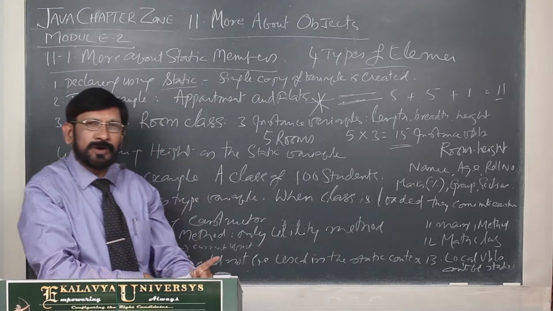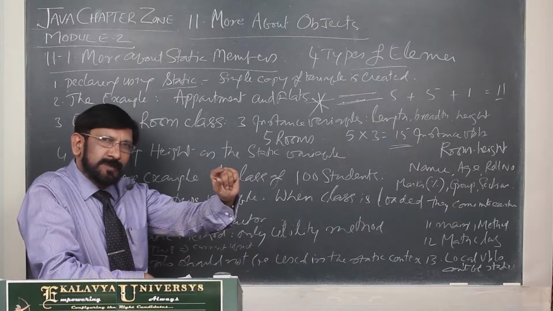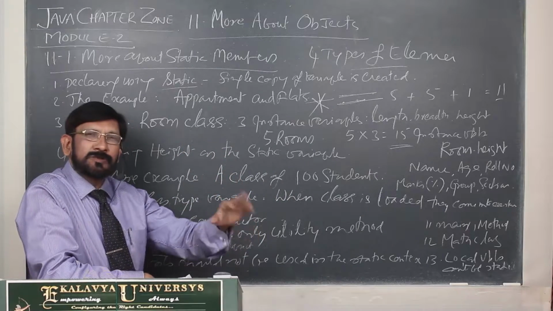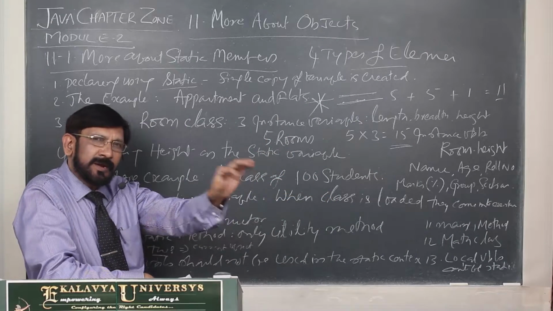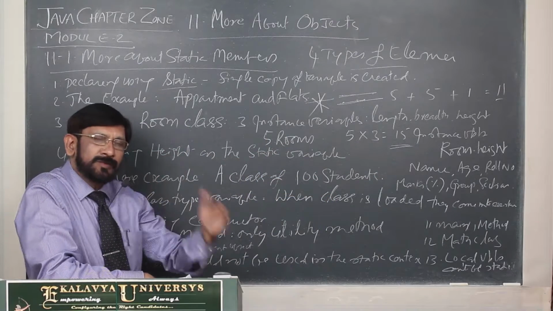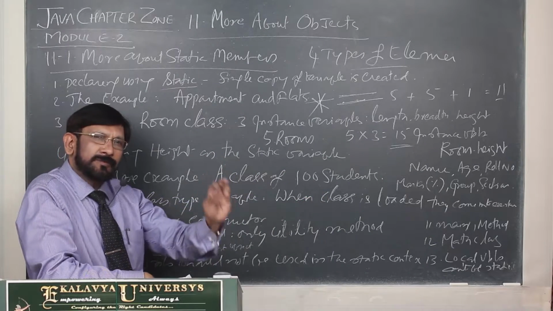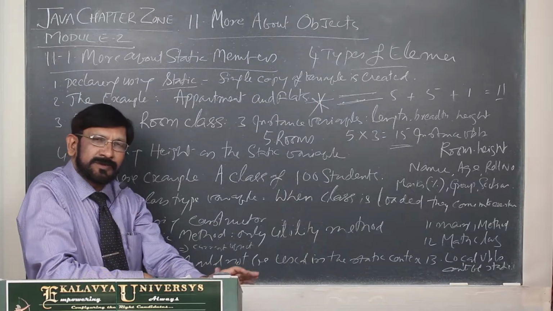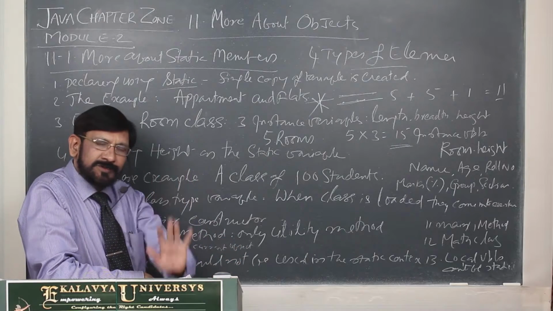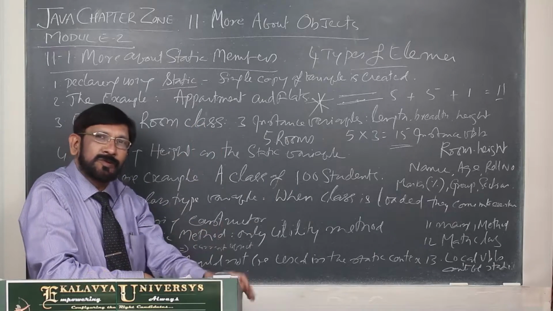After that is over, you identify which data items, meaning which variables, are the right candidates for instance variables, which are right candidates for static variables, which methods are right candidates for instance methods, and which are right candidates for static methods. You have to understand at the time of designing only. Then you have to start writing the class.